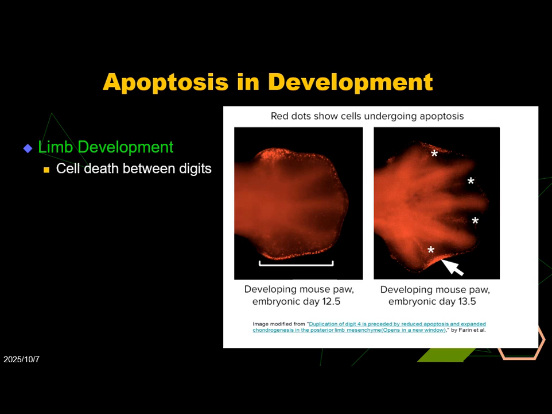But if the apoptosis mechanism is defective, the skin between the digits is not removed or digested by your macrophage, then you will have webbing, just like a duck. But that's an easy fix. Usually the surgeon will take scissors and just cut it.